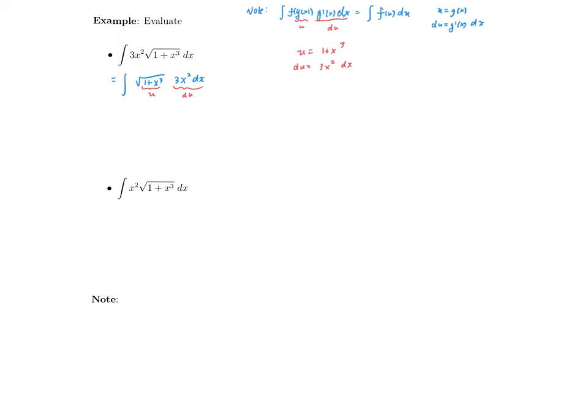So we can go from all x to all u. And once again, just to reiterate a point from earlier, we're starting off with a complicated looking integral, but once we've made this substitution, it's easier, simpler for us to evaluate. And that is the entire reason we made this substitution.